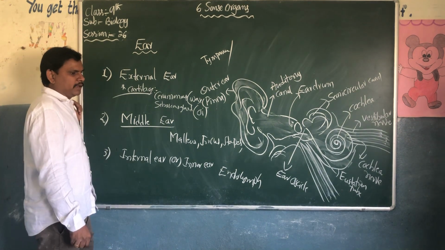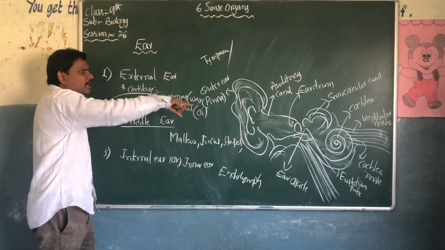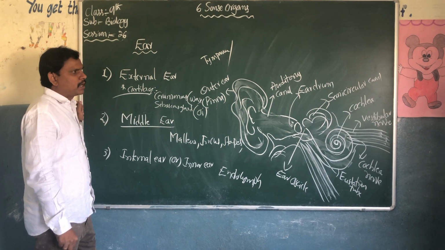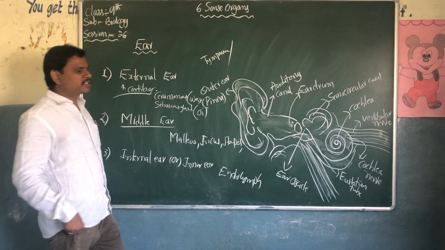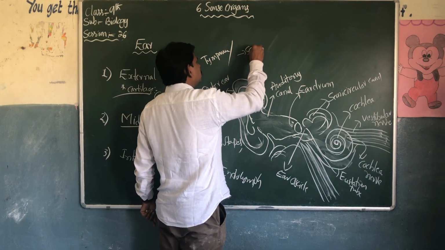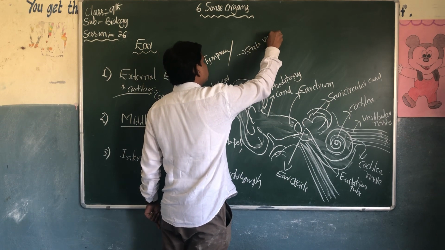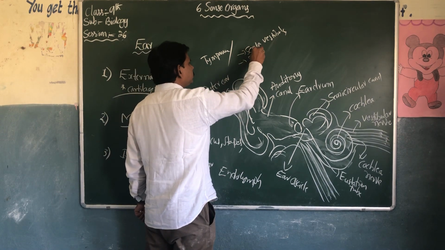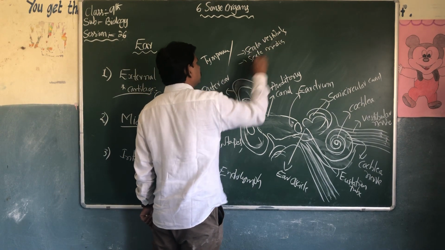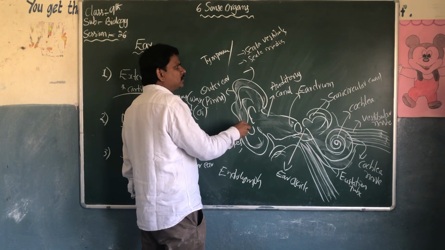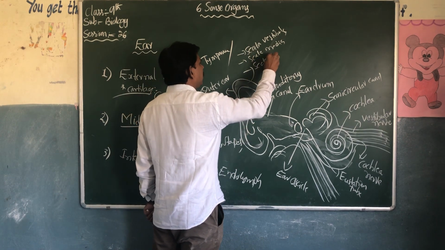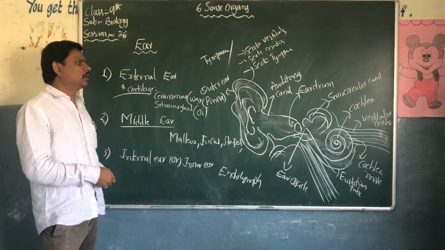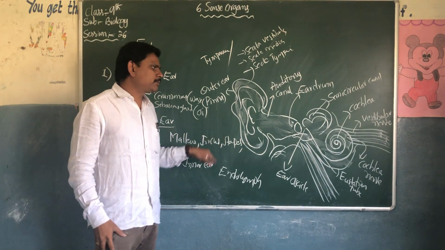The cochlea is a spiral-shaped structure.